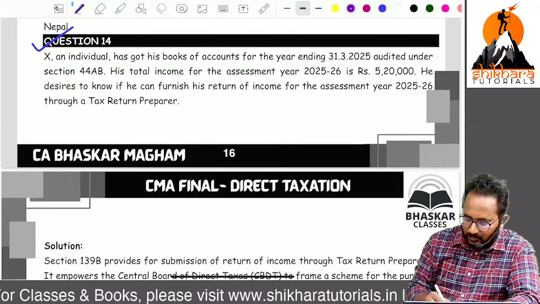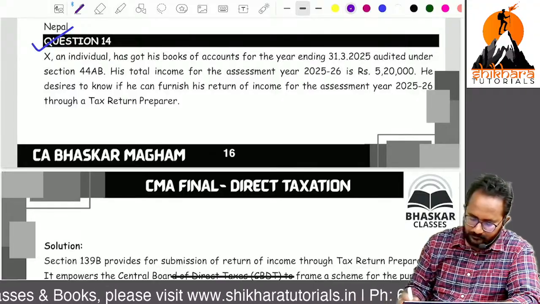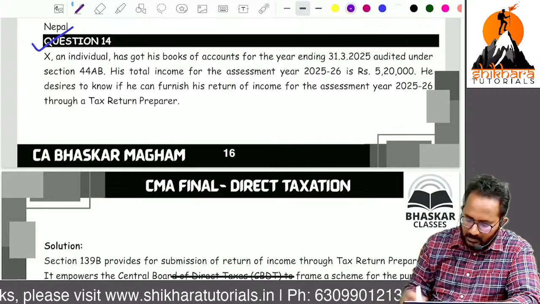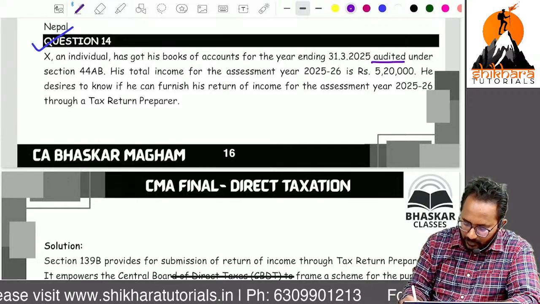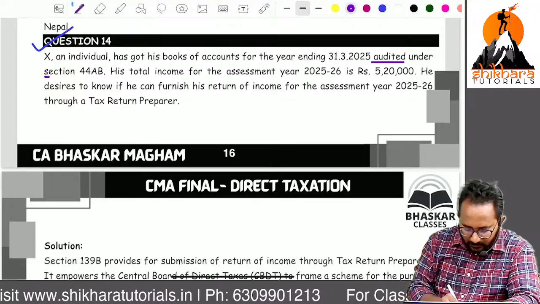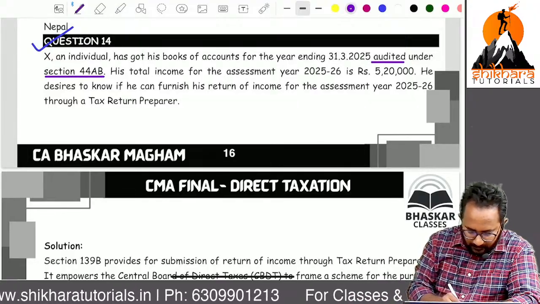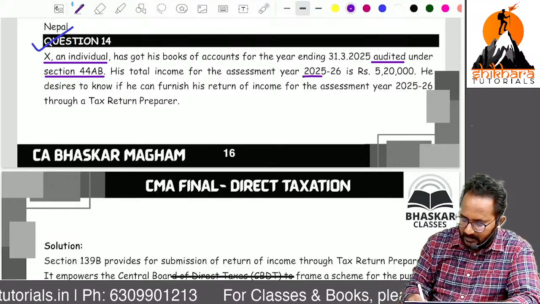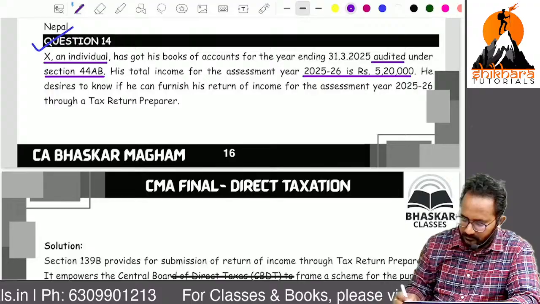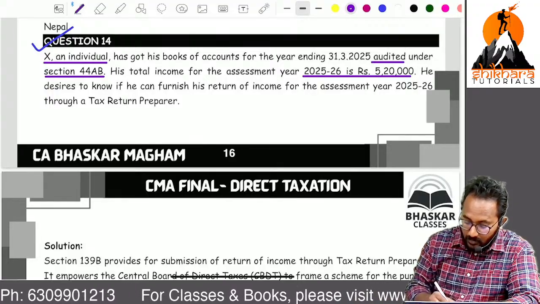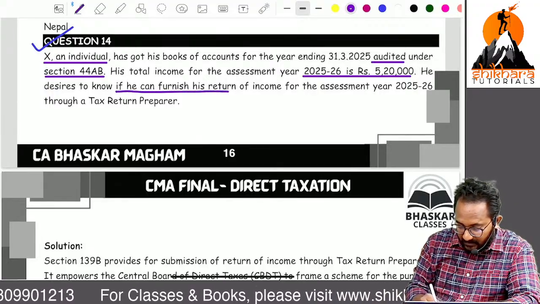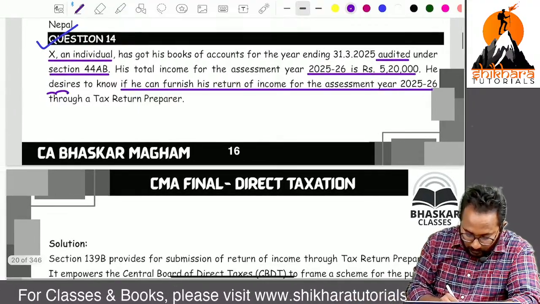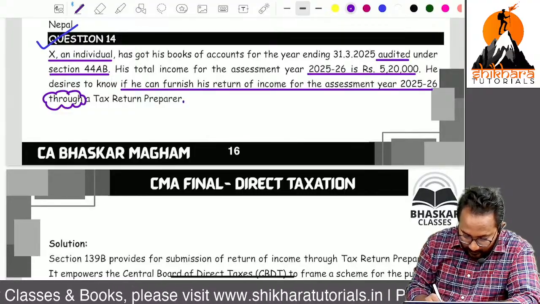Individual X got his books of accounts for the year ending 31st March 2025 audited under section 44AB. So nothing but who is the assessee? Tax audit assessee. His total income is given as 5,20,000. He wants to know if he can furnish the return of income for assessment year 25-26 through a tax return preparer.